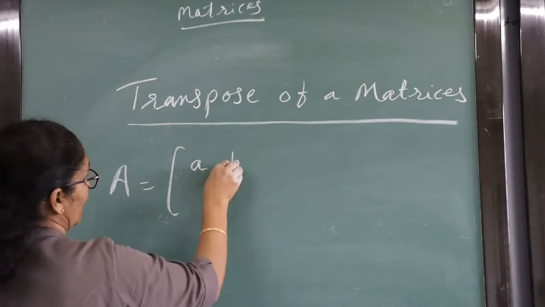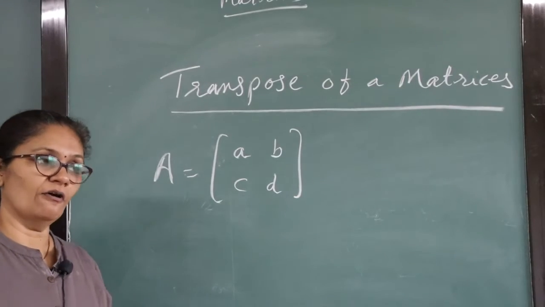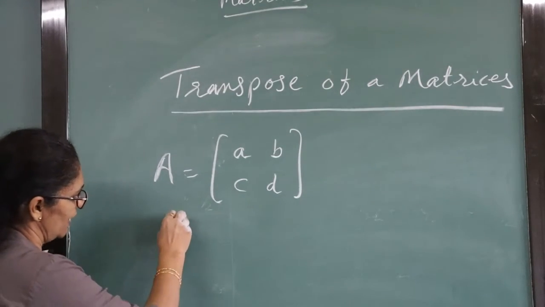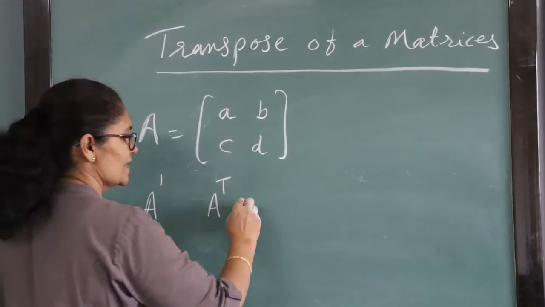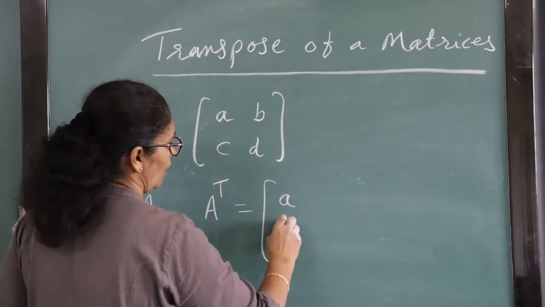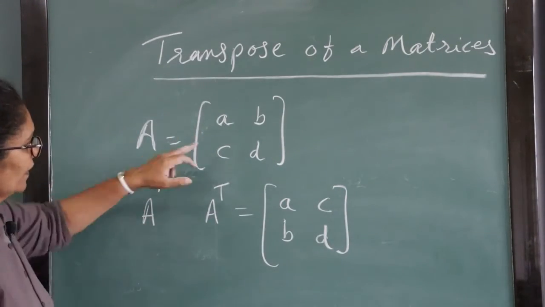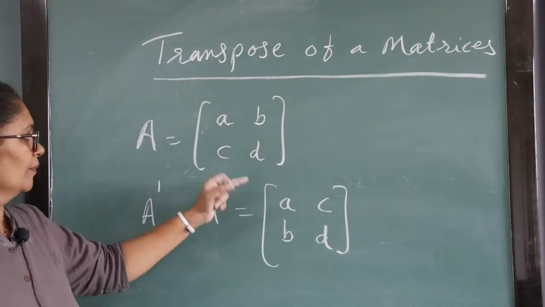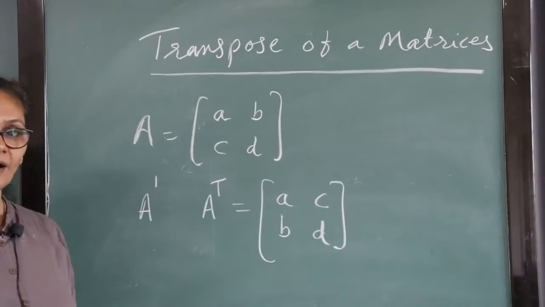If you are given matrix A, B, C, D, what is the meaning of transpose? It can be written as A dash, also A transpose, and its meaning is you have to exchange rows with columns. That means A, B, your first row, will be written as a column. C, D, your second row, is also written as a column.